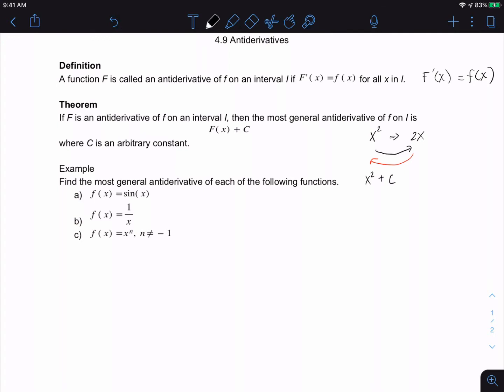Sure. So watch this. Let me do it as a picture so you guys can see it. If I have this function, f of x is equal to x squared, correct? When I take the derivative of that, isn't that 2x?